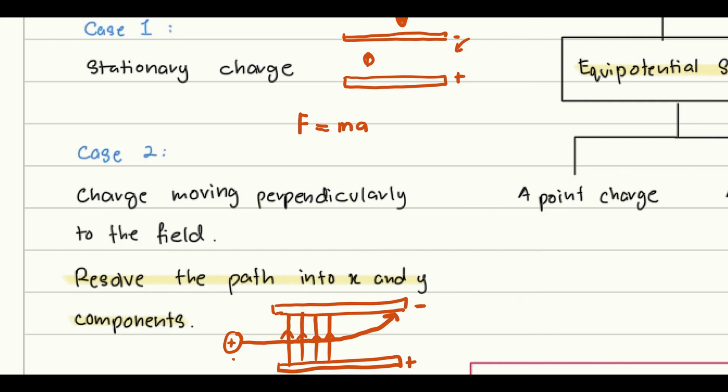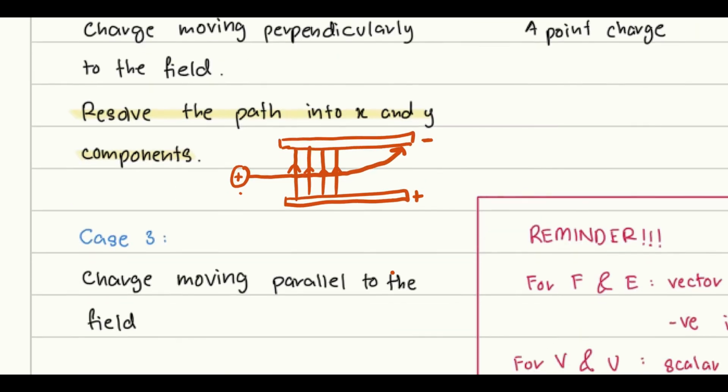Since the force is contributed by the electric field in between, for example E here, the equation of force is QE equal to ma. You can use this equation to calculate many things. For example, you can calculate acceleration, or the question might ask you to calculate the electric field strength. This equation applies for all these 4 cases.